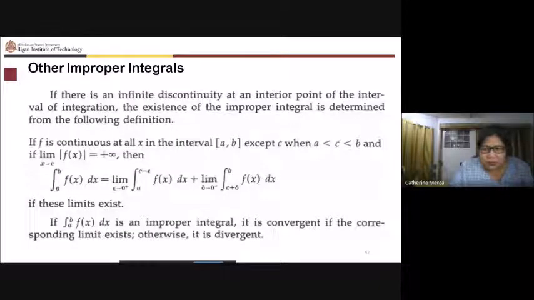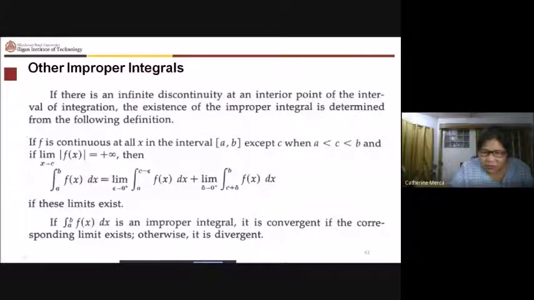So that's how you do it. But if there are two, then within the interval from a to b, f is continuous for all x in the interval ab except at c, where a is less than c, less than b, and the limit of f of x is equal to positive infinity.